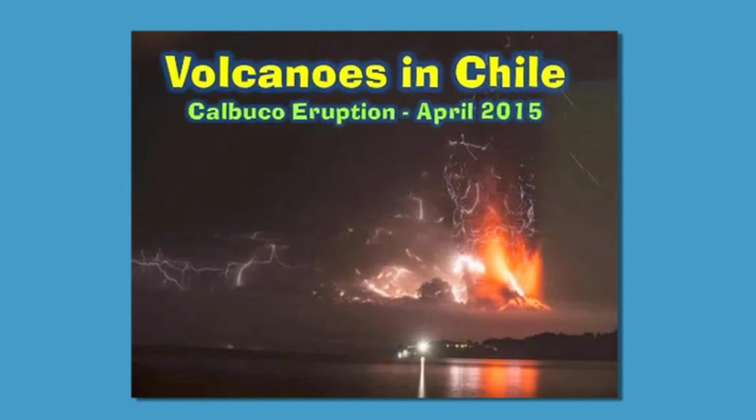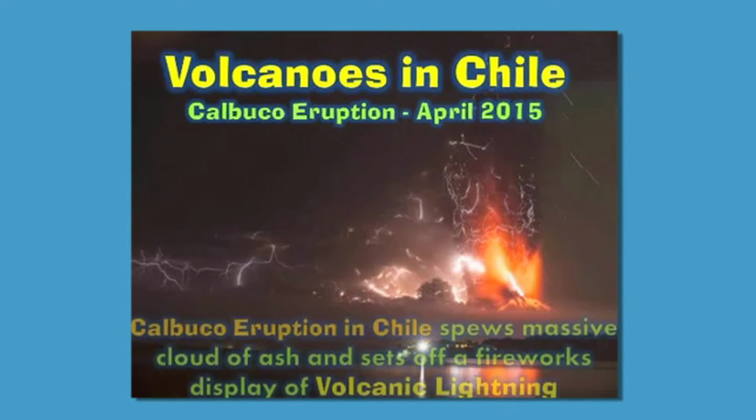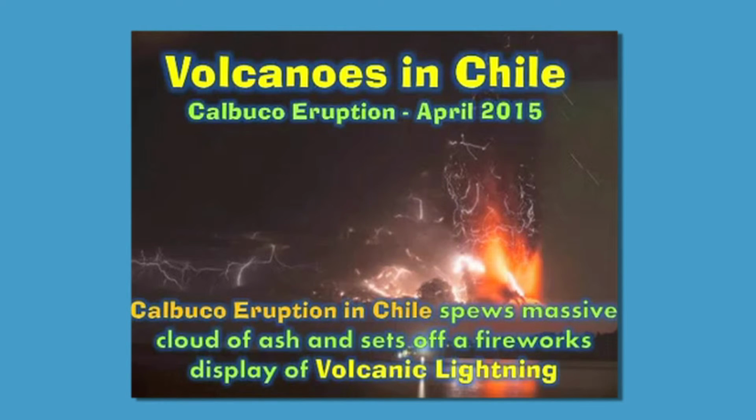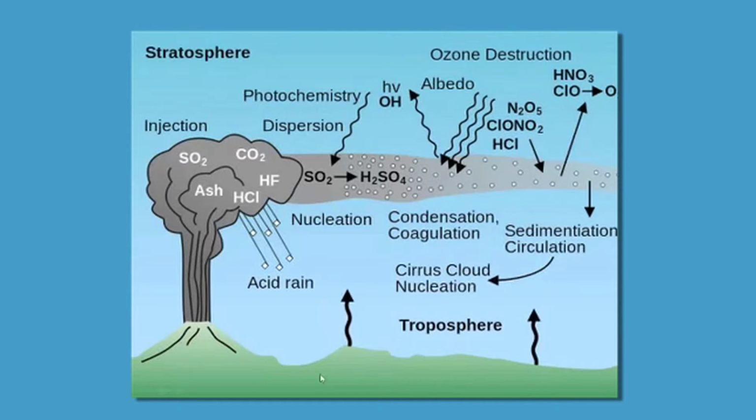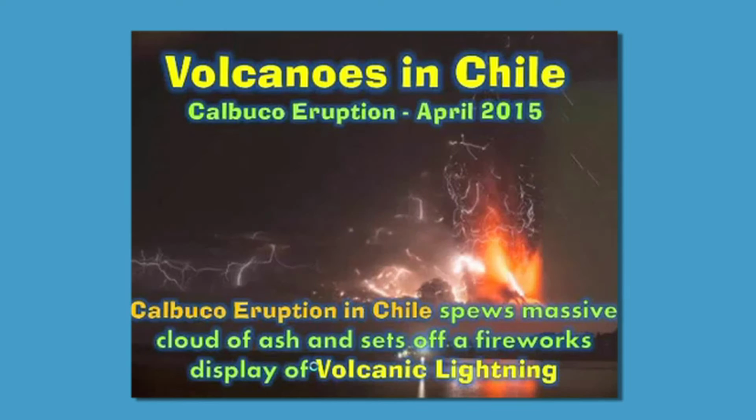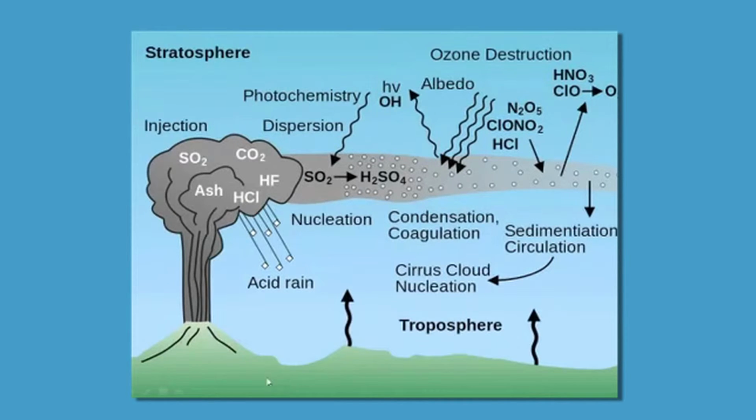So volcanoes can emit lightning, and they can be incredibly beautiful when they erupt. They spew massive clouds of ashes, and they set off fireworks. This one is in Chile. And so as well, we can see that when volcanoes erupt, they put a very exotic cocktail of substances into the atmosphere.